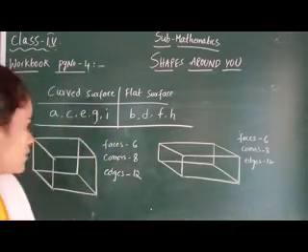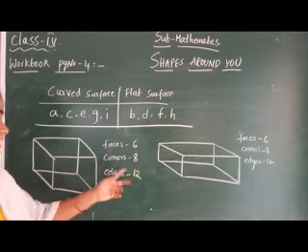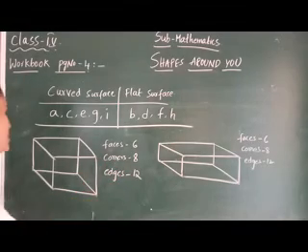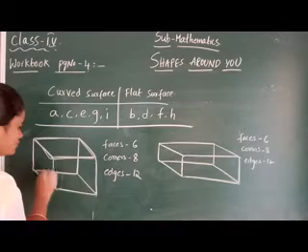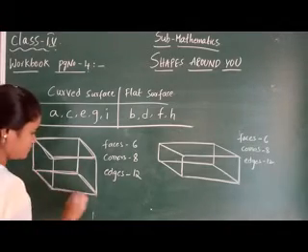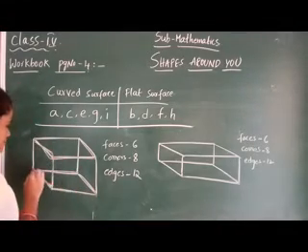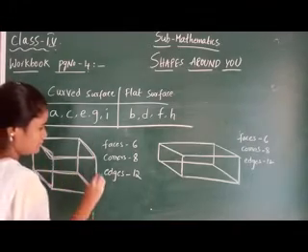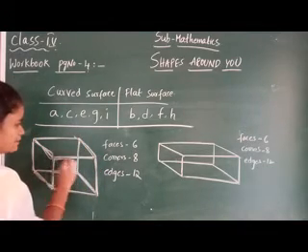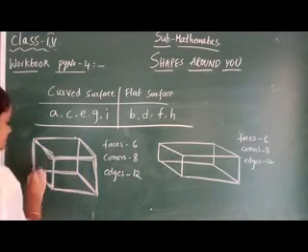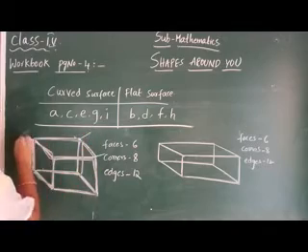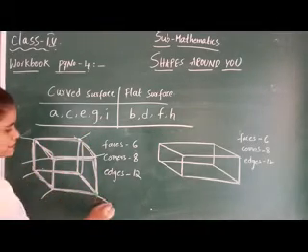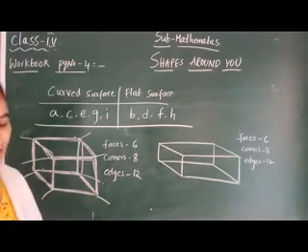So in cube, 6 faces, 8 corners, 12 edges. See, like this: 1, 2, 3, 4, 5, 6 faces. 8 corners: 1, 2, 3, 4, 5, 6, 7, 8. 12 edges. Okay, like this.